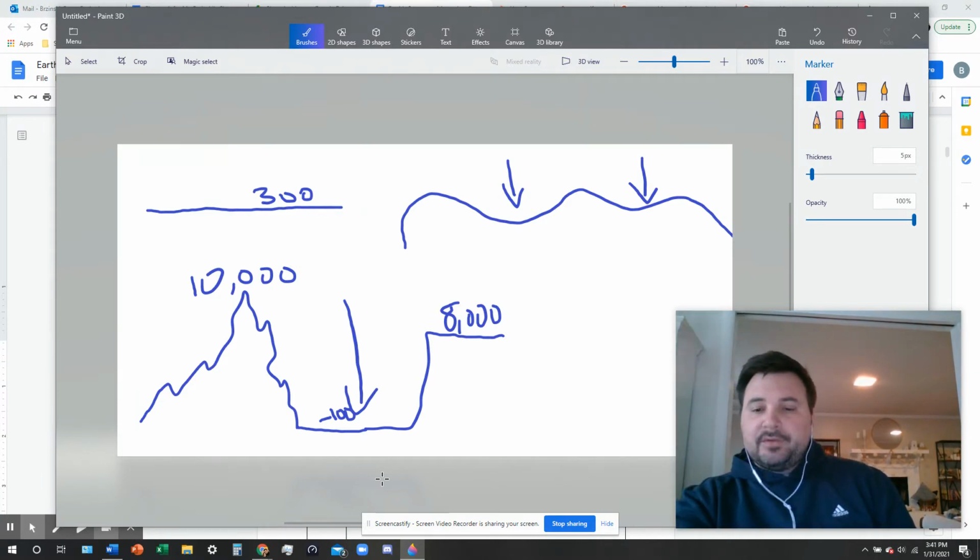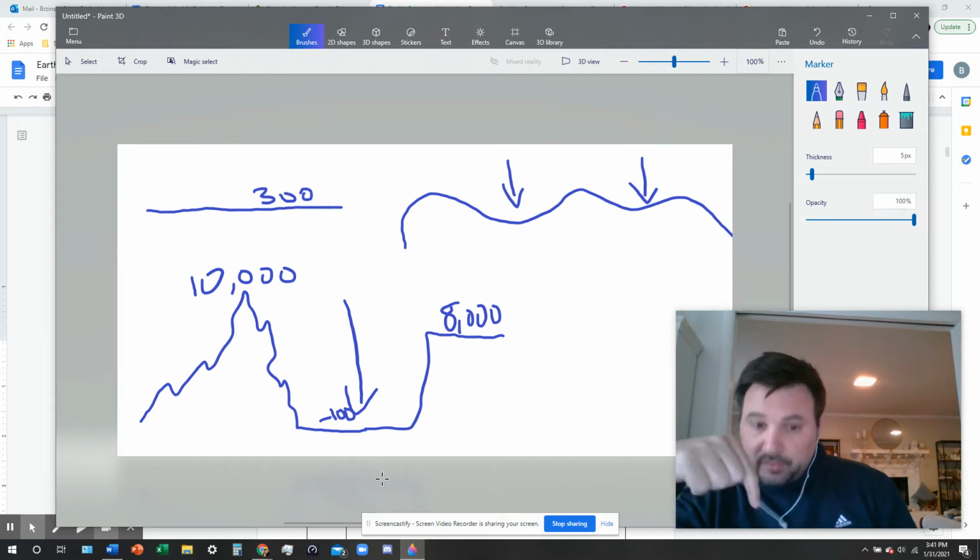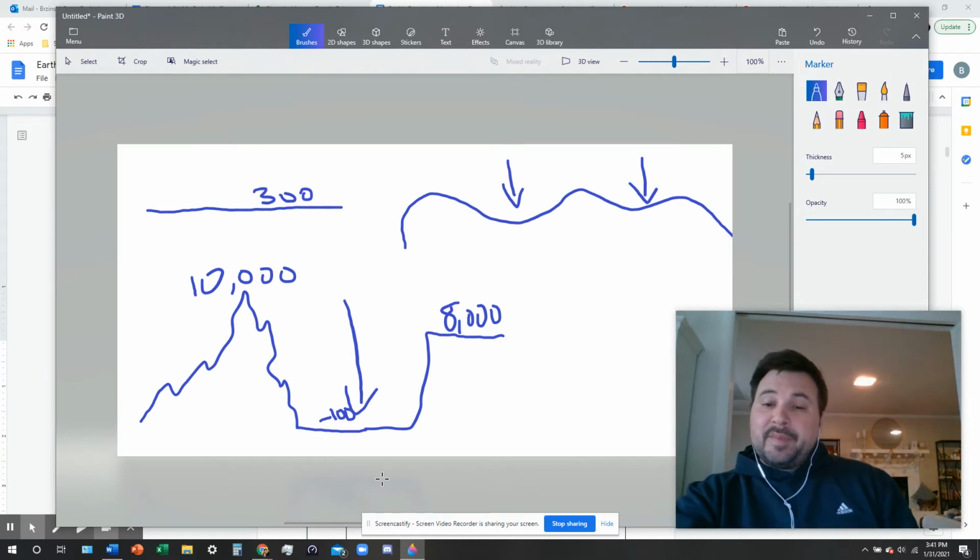Now, the reason why it's not filling up with water is because it's not next to the sea. But there could be a case where some land features are measured below sea level. So that's just a basic understanding of basic landforms and how we talk about their elevation, how we talk about their height.